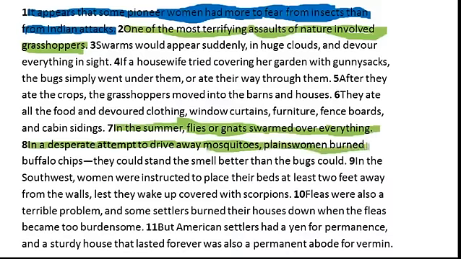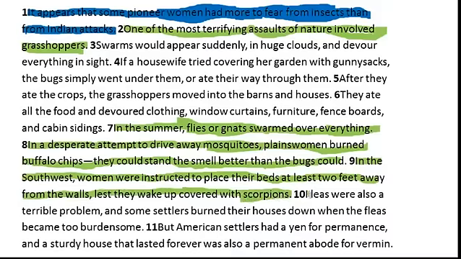Plains women burned buffalo chips. They could stand the smell better than the bugs could. Then it talks about scorpions. In the Southwest, women were instructed to place their beds at least 2 feet away from the walls, lest they wake up covered with scorpions.